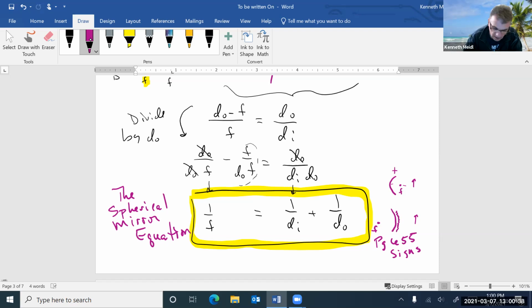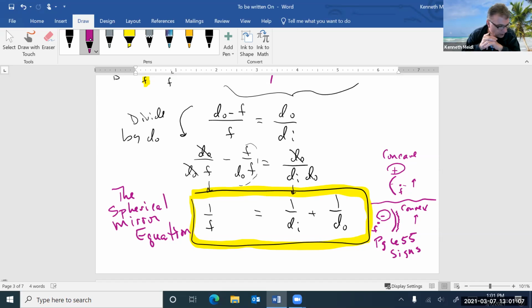And so this is going to be a negative focal length. So I can tell the equation what kind of mirror I got by either putting in a positive focal length or a negative focal length. But it looks like concave mirrors are a positive focal length, and if they are convex, they will have the minus sign. And that's how we're going to tell the equation the difference between one and the other.